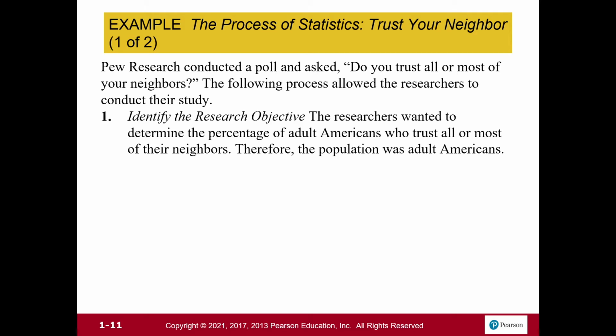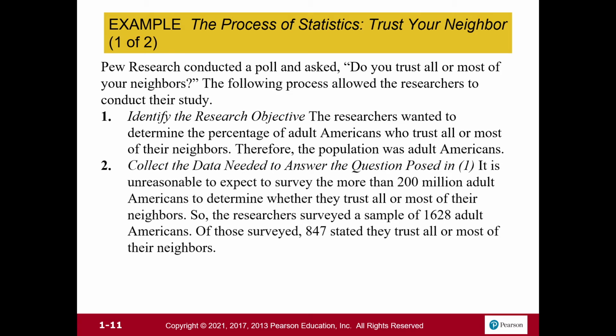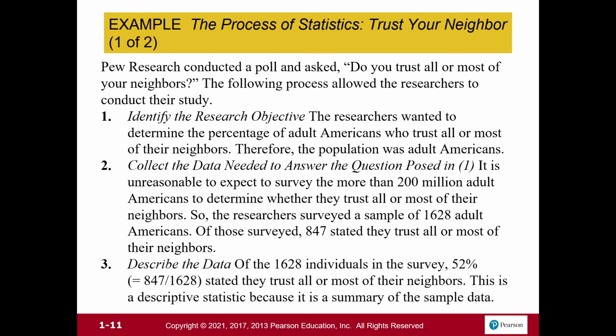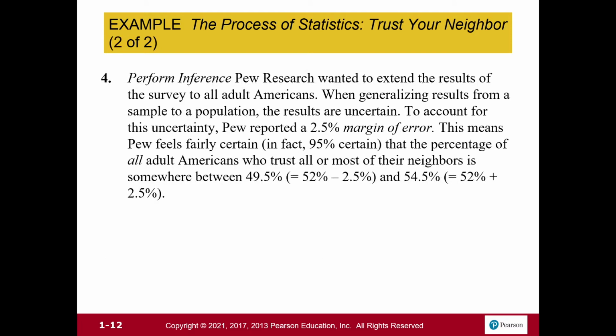First, identify the research objective, collect the data needed, describe the data, and the fourth step would be to perform the inference. As you can see, in the very end, they were able to calculate this 2.5% margin of error.